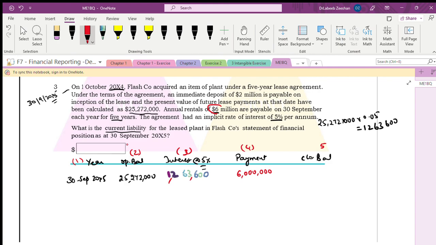Now what is that? It is 2,572,000 plus 128,600 minus 6 million.